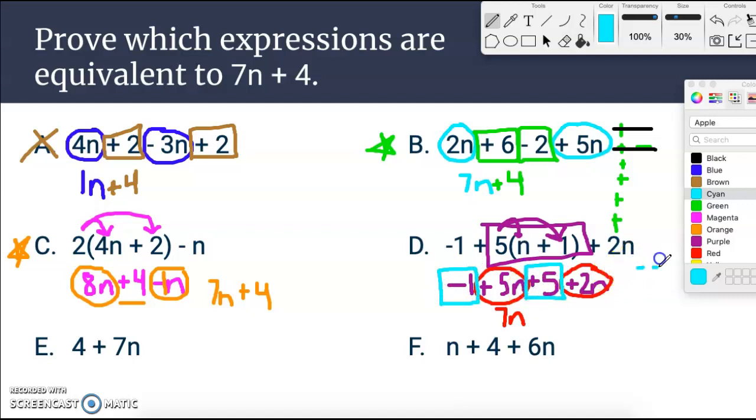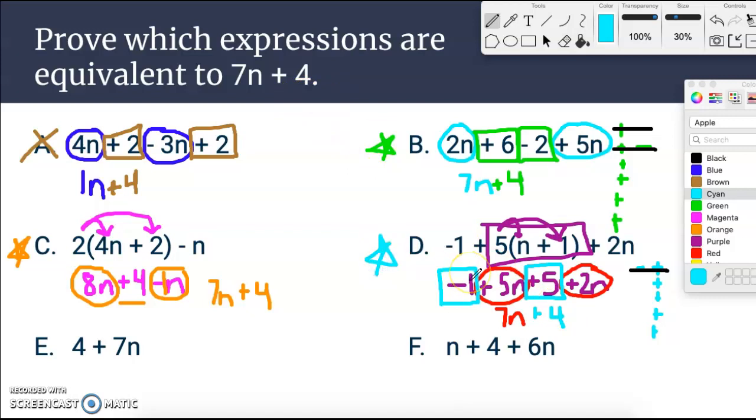You are more than welcome to draw that picture if that is helping you. Or you can think of this one as positive 5 minus 1, which is positive 4. And if we use the picture, you would cancel it out and see 4 positives. So 7n plus 4, same thing as 7n plus 4.